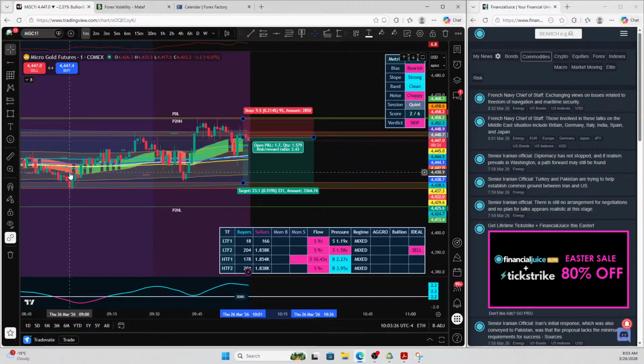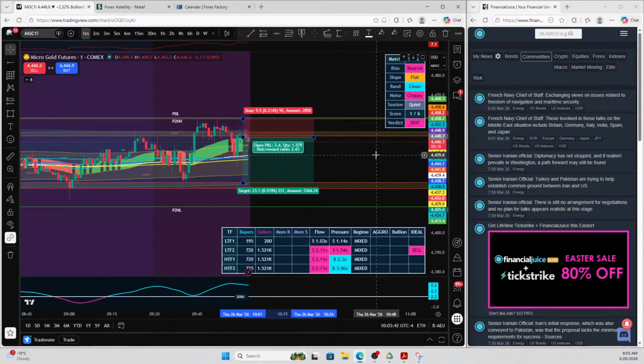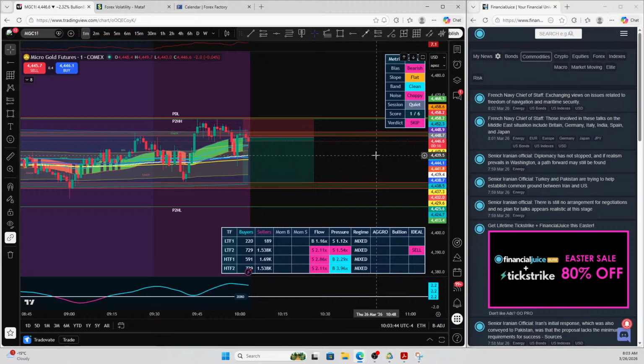Nothing is guaranteed, but we can see the market pushing to the other end. And sellers are starting to step in. So let's see. Not in a rush here, not in a rush.